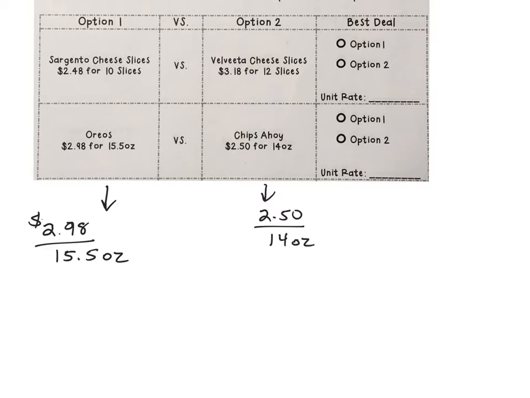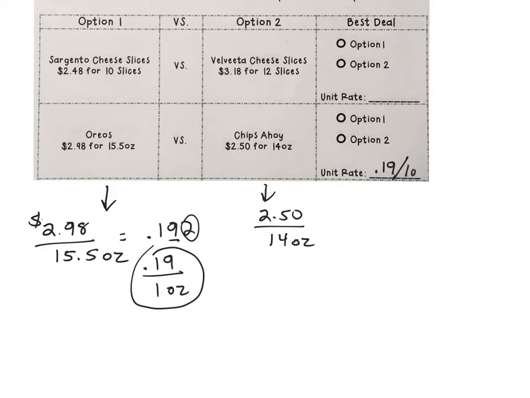So we say $2.98 divided by 15.5, and I get 0.192. So are we going to round that? No, we're going to leave it, 19 cents for every ounce. That's how much that one costs. So the unit rate for the Oreos was 19 cents per ounce.